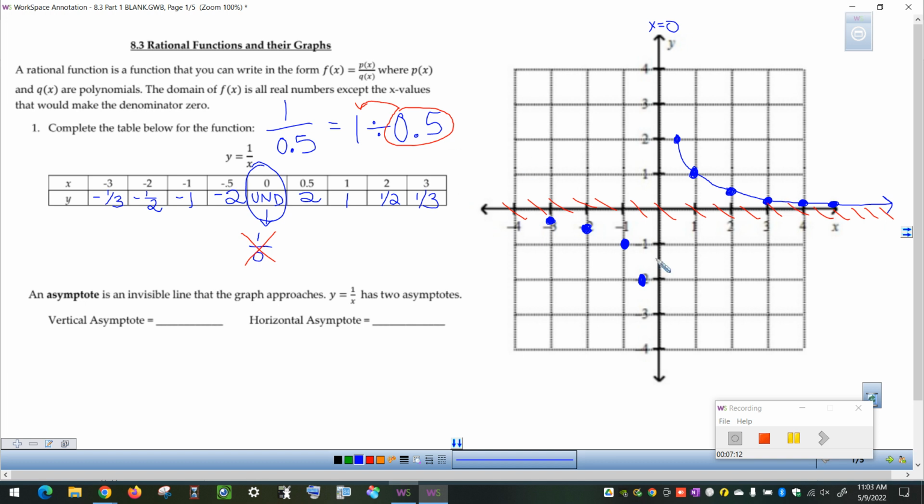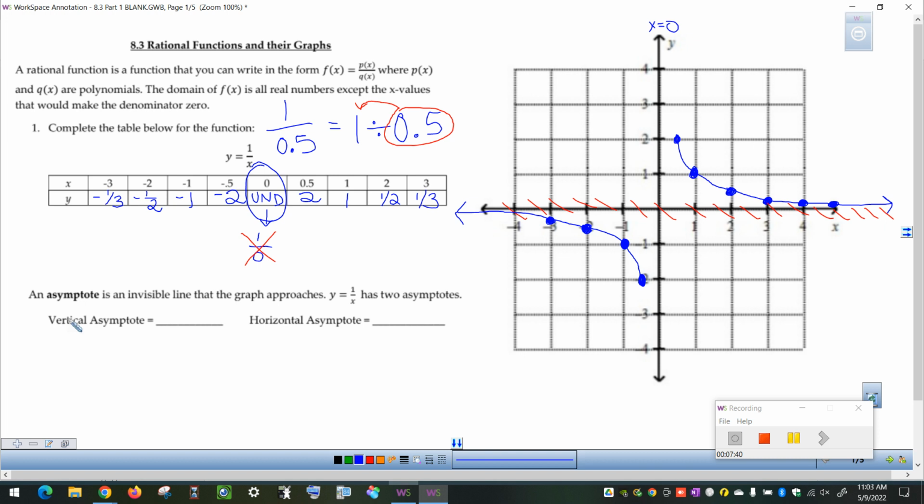Now, on the left-hand side of our graph, a similar thing is going to happen. So let's go ahead and connect these points. As those x values get smaller, as they get more and more negative, this curved part, again, is going to get closer and closer to 0, closer to the x-axis. It's going to be very flat on the other side as well.